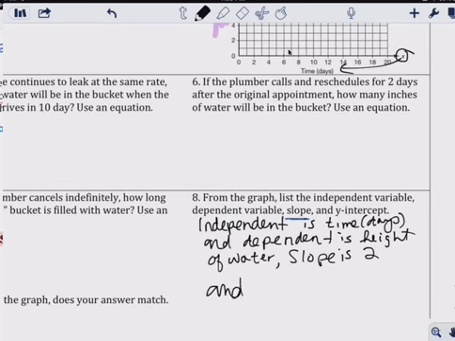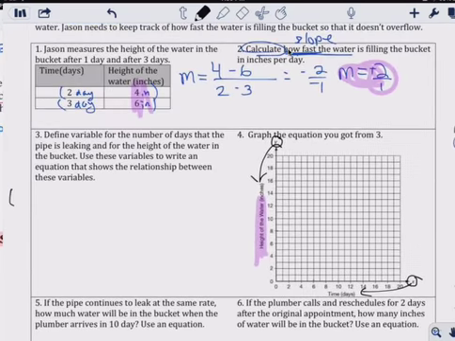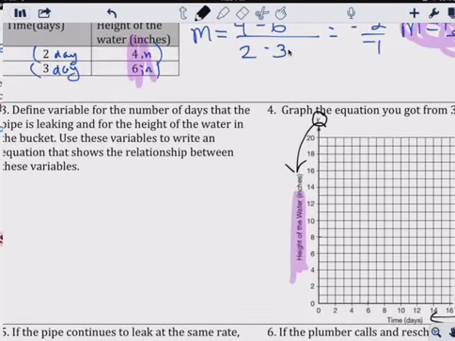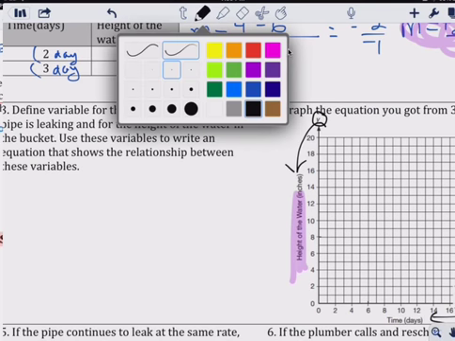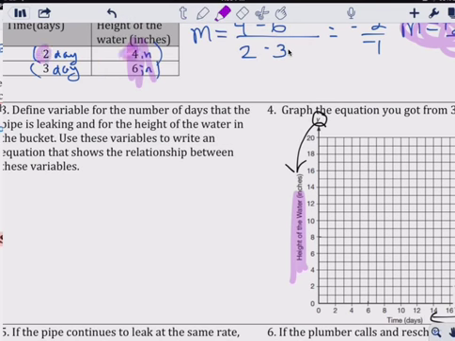And y-intercept is, that's from the graph. We'll find it in a y-intercept. Okay, so let's graph these two right here. 2 and 4 and 3 and 6. Graph 2 and 4 is right here. 3 and 6 is right there.